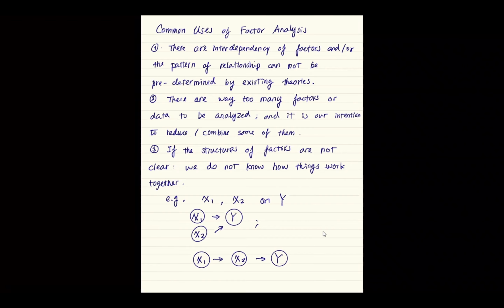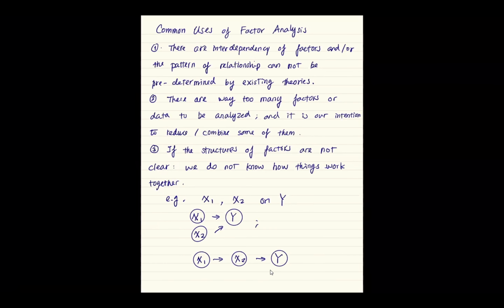Later in your international business research, or at a certain stage of your study, you will learn about mediator and moderator effects. If you are certain they are this kind of effect, then you can go through the analysis directly. But if you do not know, and you want to show or prove whether this kind of relationship exists, then factor analysis could also work. Okay?